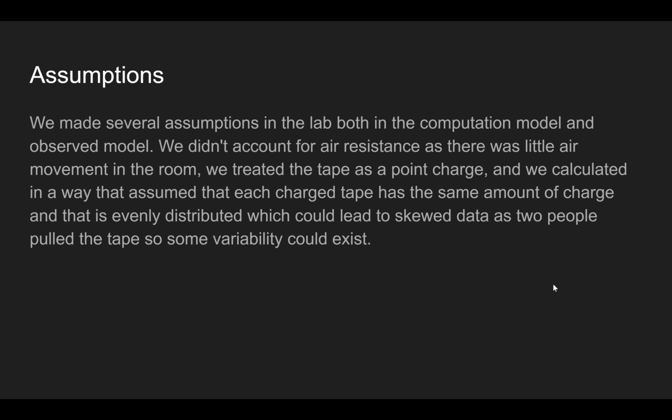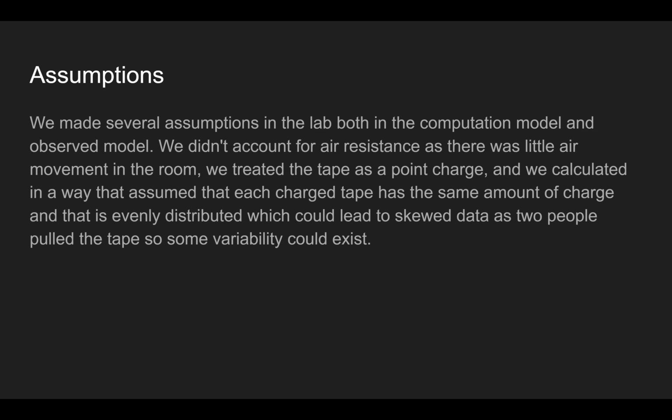We made several assumptions in the lab, both in the computational model and the observed model. One thing we did was that we didn't account for air resistance, although the room had very negligible air resistance. Nevertheless, there is still some.